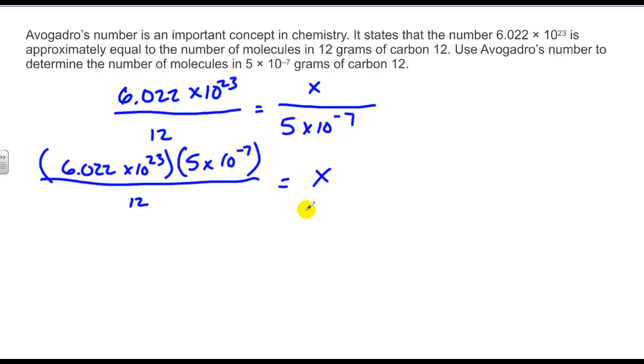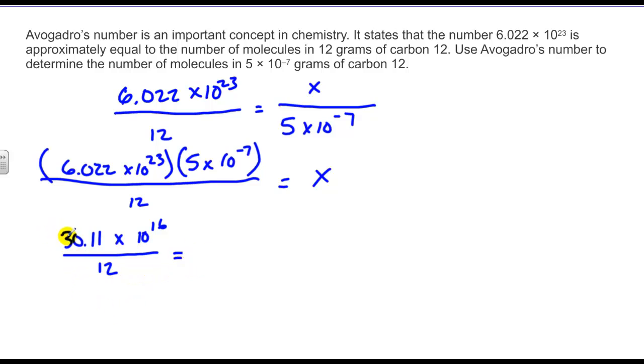So let's go ahead and do this math. We get 30.11 times 10, I'm going to add the exponents, to the 16th over 12.